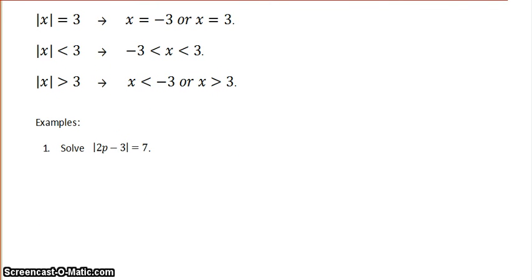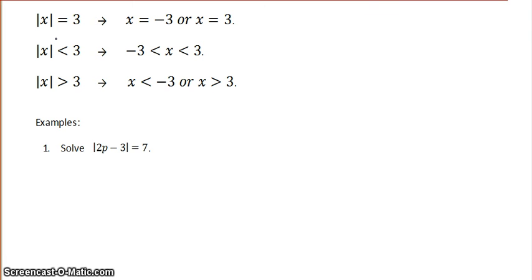Okay, we have our first example. To solve: the absolute value of 2p minus 3 equals 7. We know that this is an or situation, and we can split it up. The reason we're doing this is we can't solve with the absolute value signs. You see how we start with the absolute value signs and we make it so there's no absolute value signs anymore. That's what we're trying to do.